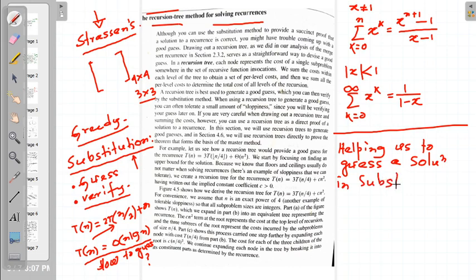So that is the main idea with which this recursion tree is introduced in the CLRS book. And this document is straight away from that CLRS book.